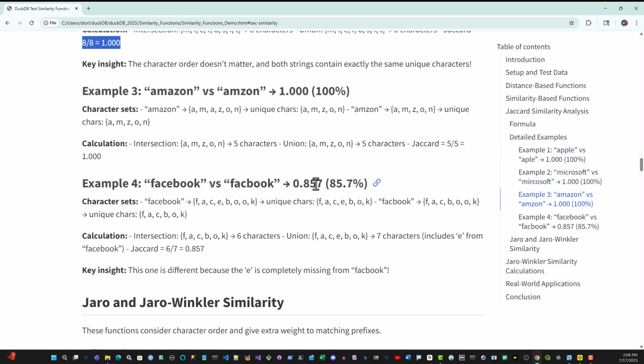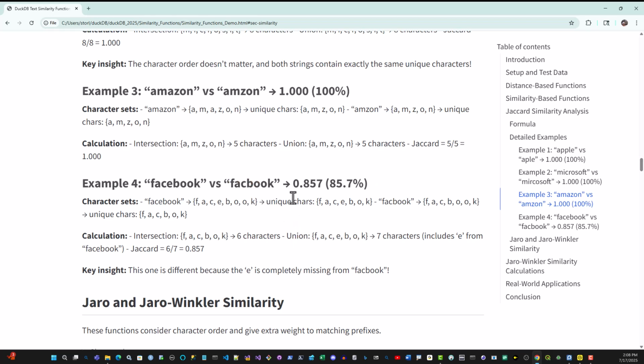Let's look at Facebook, why that is a little different. The first word is FACEBOOK, and the second one is FAC, no E, BOOK.